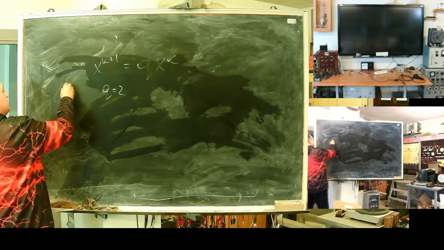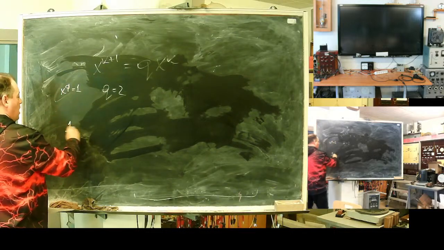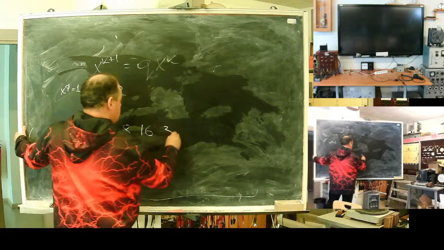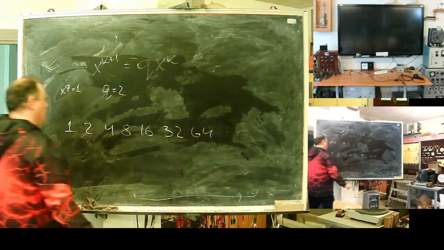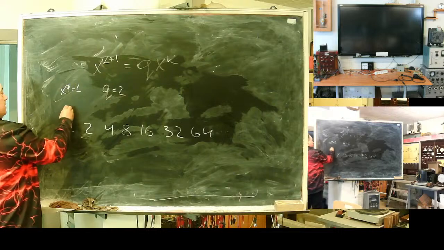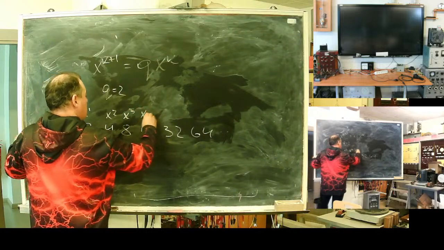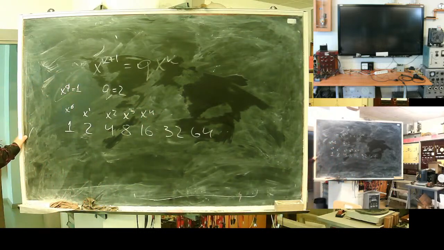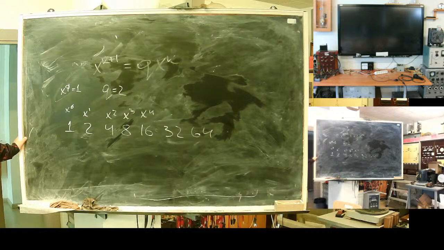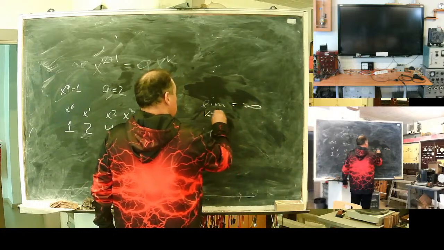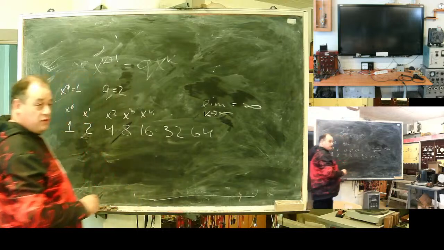And let's say x_0 is 1. 1, 2, 4, 8, 16, 32, 64, and so on. x_0, x_1, x_2, x_3, x_4, and so on. A familiar thing? A series of numbers. Will it converge? No. Its limit is infinite, and it will not converge.